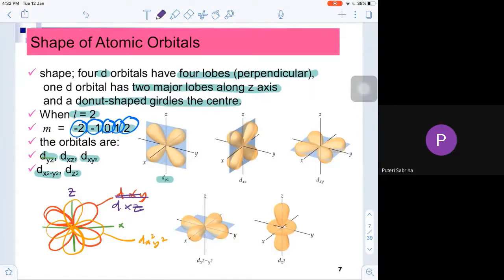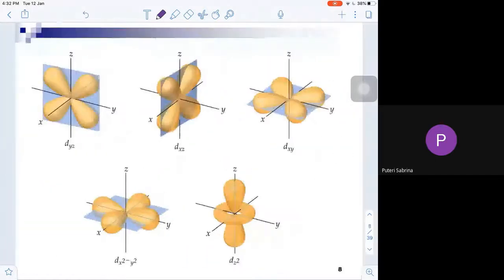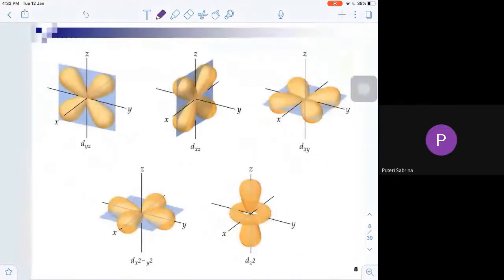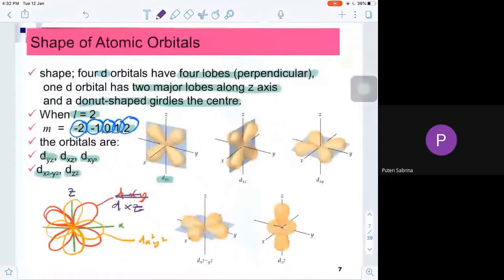That is the third type of orbital, and the last type of the orbital is actually the f orbital. The f orbital is when l is equal to 3. For the f orbitals, there will be 7 orientations in space.